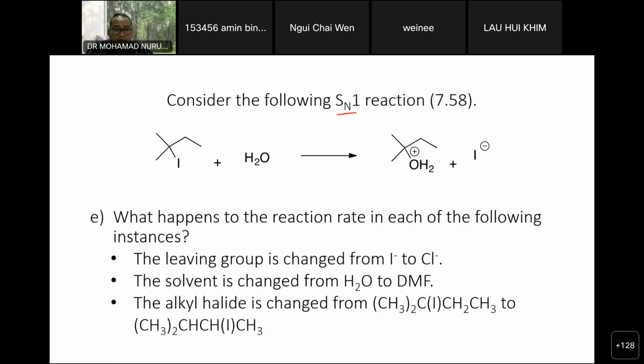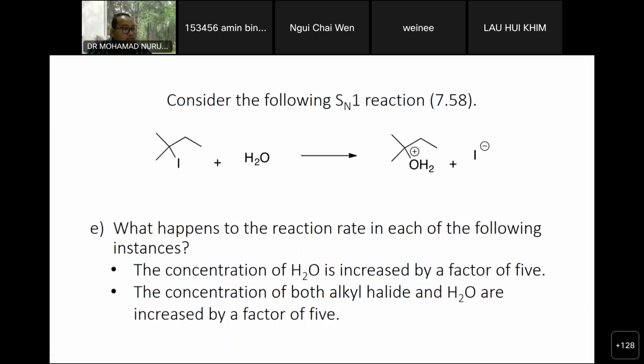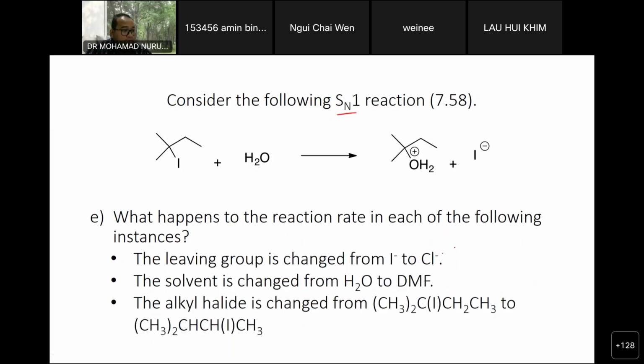They have 3 possibilities: increase, decrease, or remain the same. Decrease. Why? Okay, decrease.